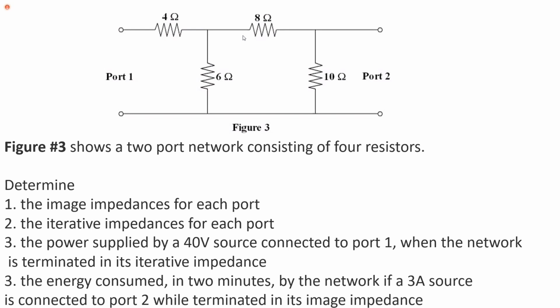Yes, sir. All right, help us out. All right, sir. So to terminate port 1 using 5.453. But why would you do that? Sir, so they use the image impedance of port 2.